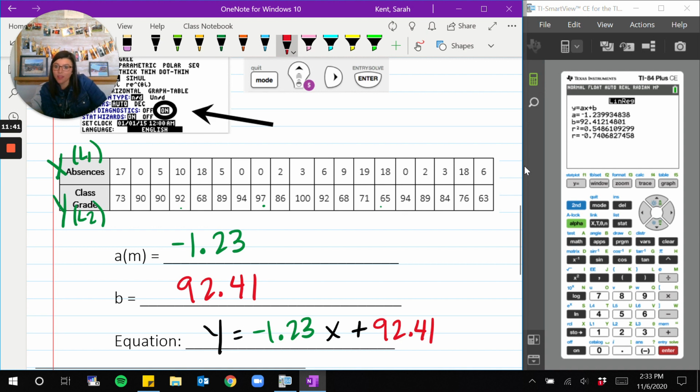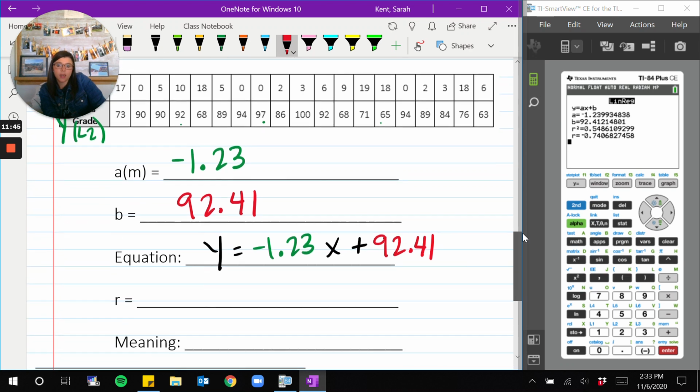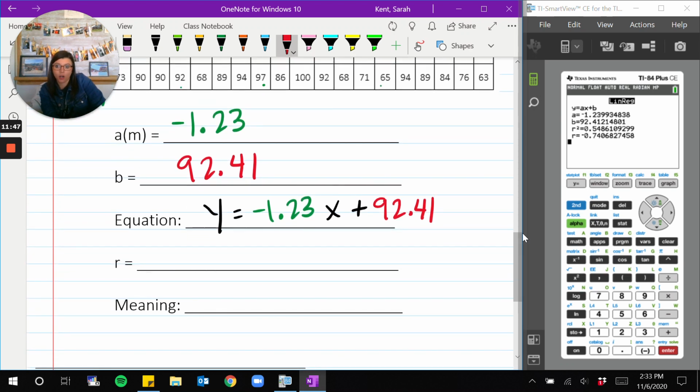So we've done this before, but now the new part is looking at the r, our r value. So if I look, I want this last number to be my r value. So this one is negative 0.74. So my r is negative 0.74.